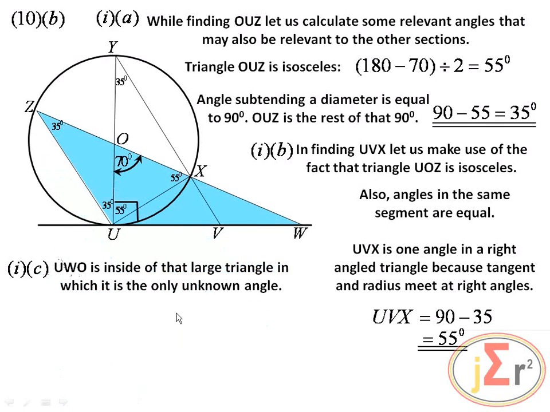So there we have it. So UWO, which is the angle in this triangle, this is 35, this angle completes the angles in the large triangle that we have there.